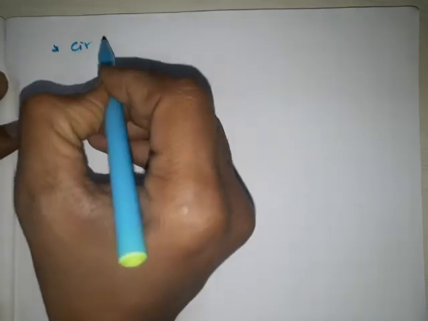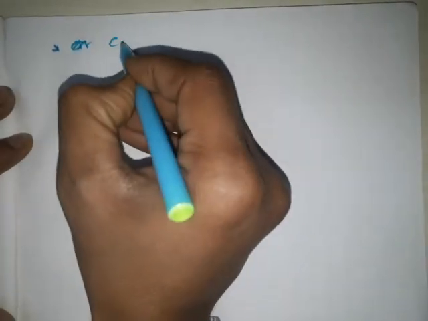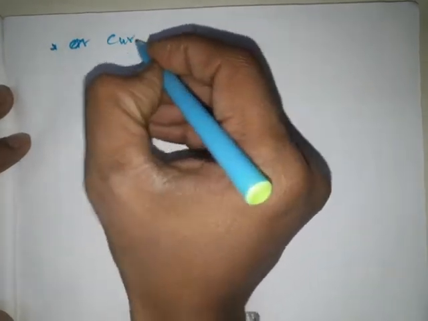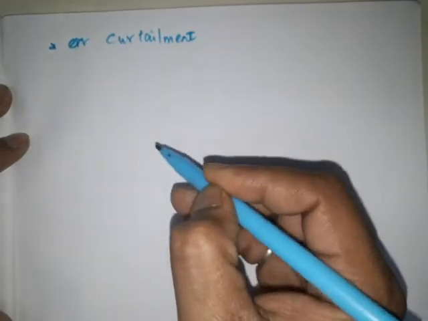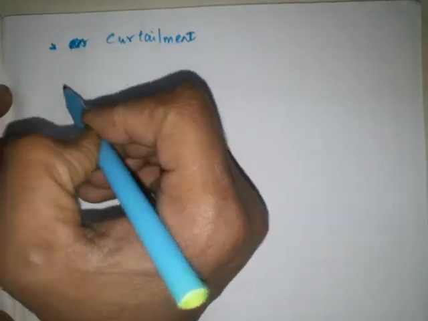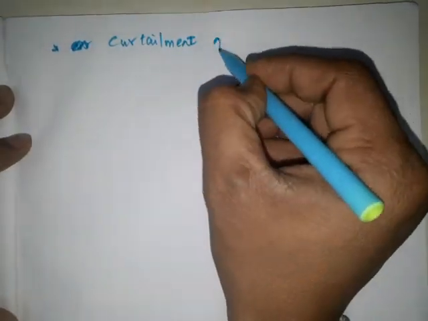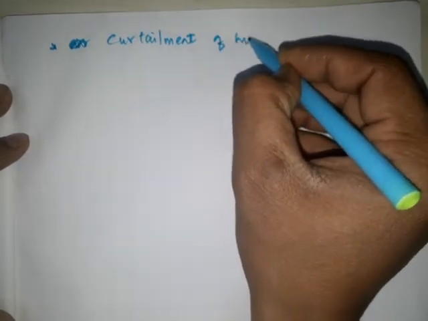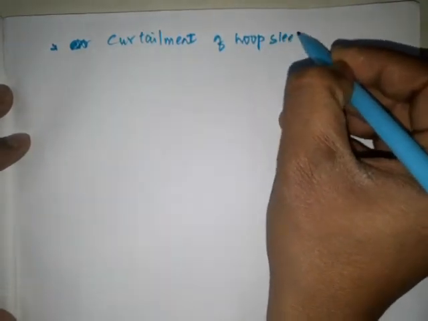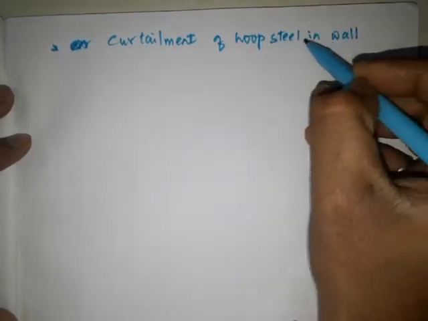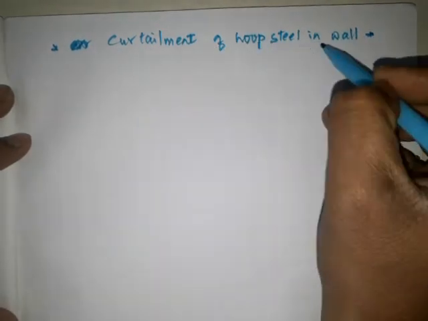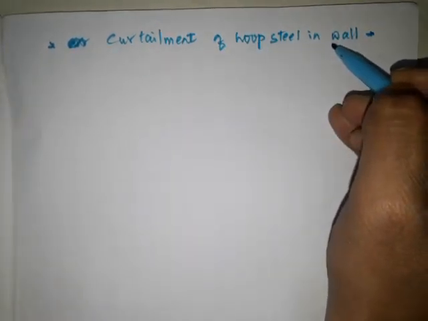The next is the curtailment of hoop steel in wall, because generally the hoop steel is provided in wall, but still I will write here the curtailment of hoop steel or the tension steel in wall.